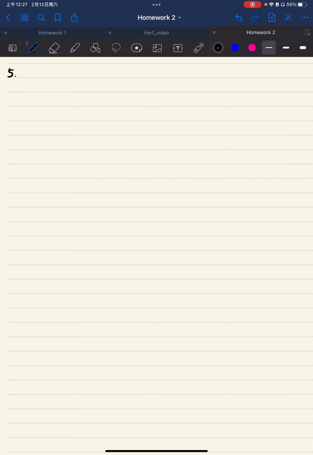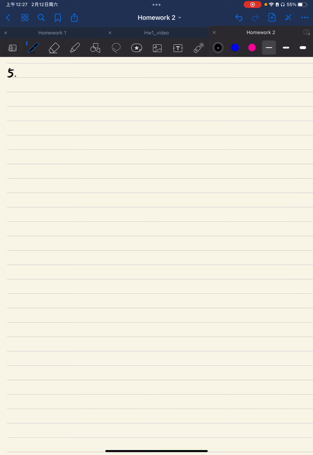Okay, now let's talk about problem 5. Before we start to answer the questions, we can see what conditions we have in this problem. The customer flow at a grocery store can be viewed as a Poisson process.